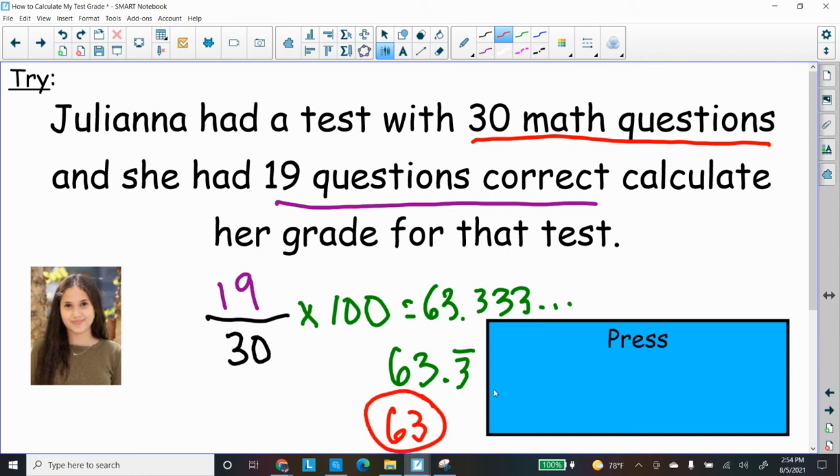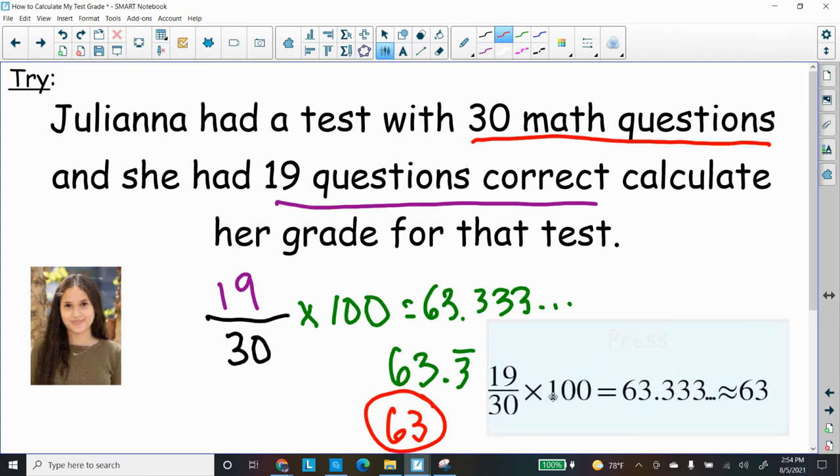So not quite 65, but 63. So her total number she got right was 19 out of 30 questions, and we multiply that by 100, and that'll give us 63.333 repeating decimal, which rounds off to a 63. So we're finding our grade, and you never know when you may have to do this on your own, so this is good to know.